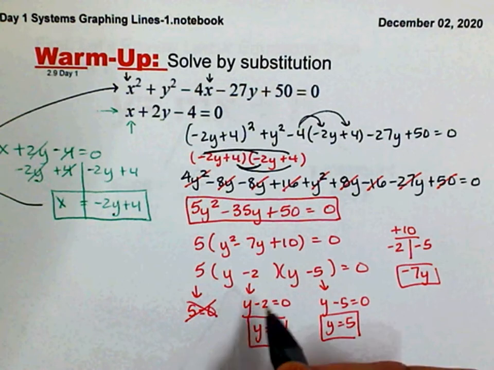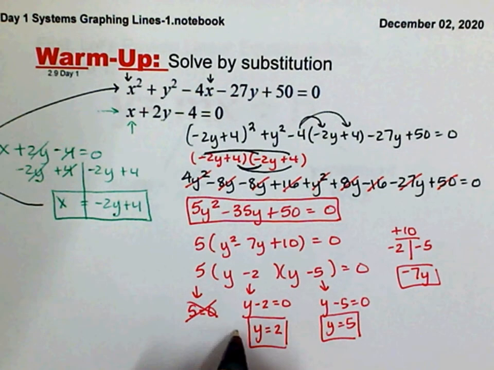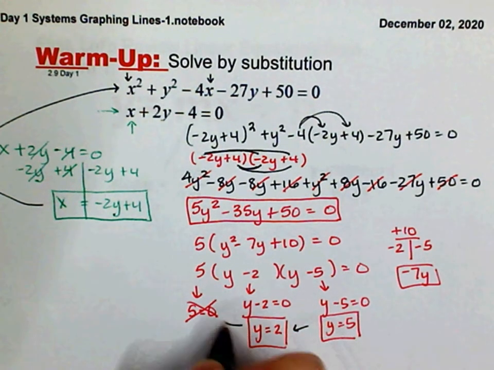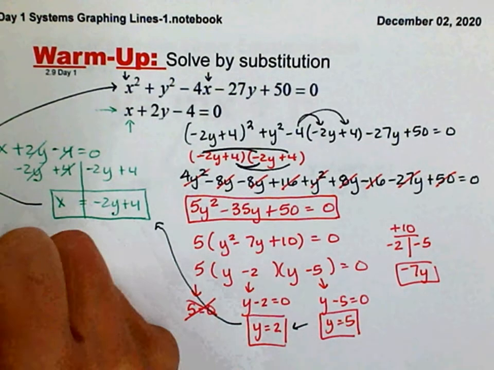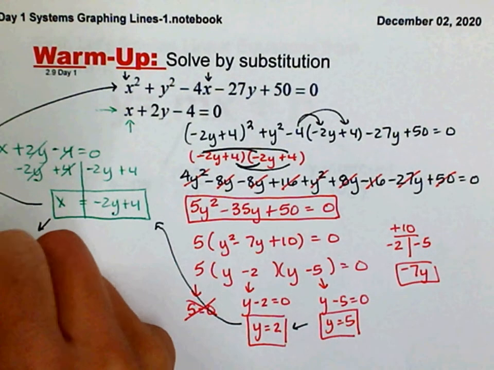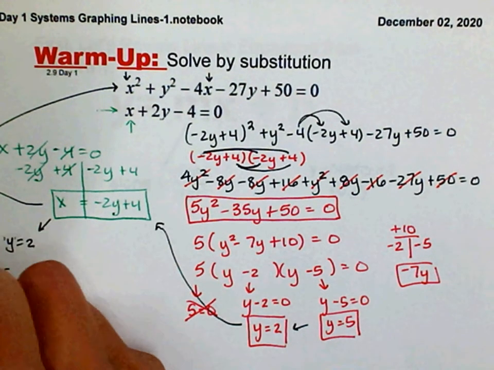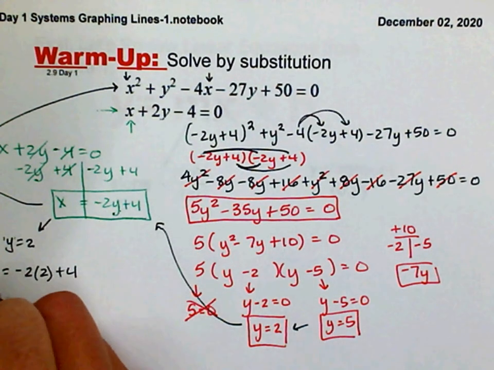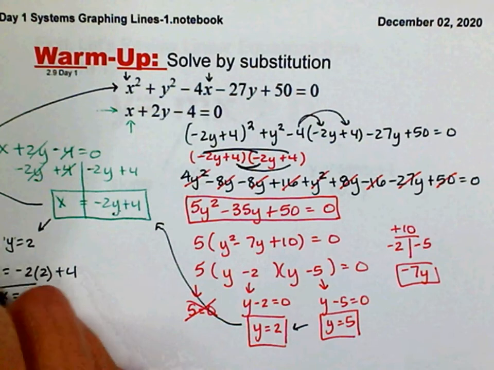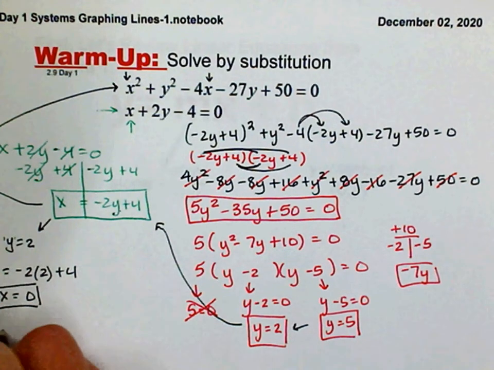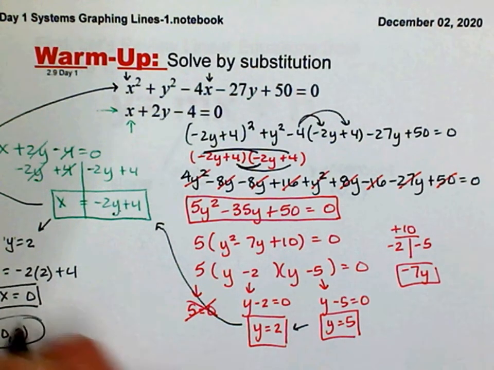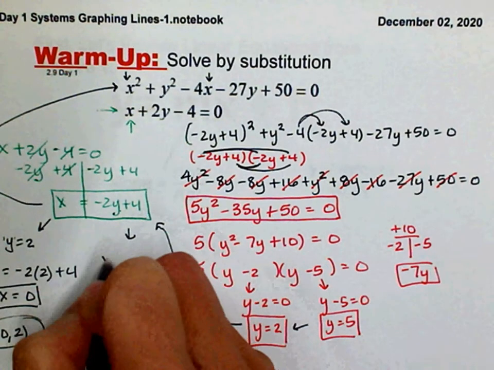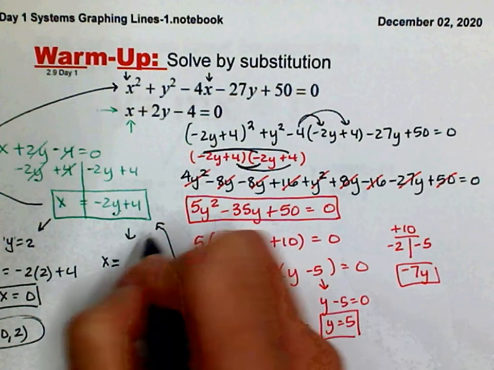Now you are going to substitute these guys into this one. So here's my first one, where y is 2. X equals negative 2, replace y with 2, plus 4. That comes out to be 0. Okay, so your answer is 0, 2. Next one. X is equal to, y is now 5.